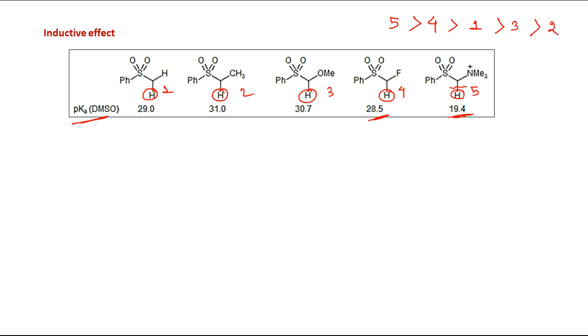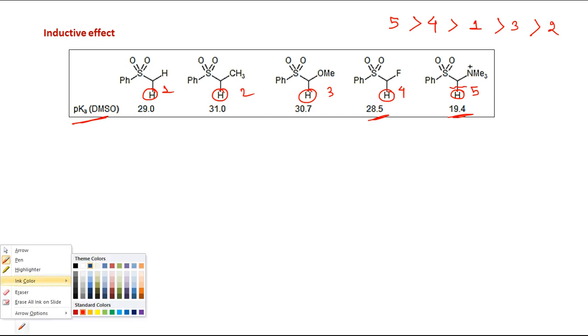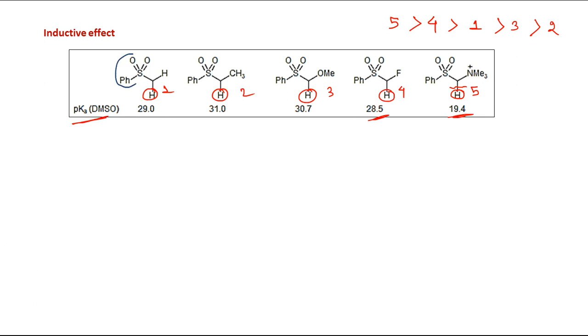And if you think from the inductive effect, this PhSO2 group is common for all, right? So what about the other group? Here we have N plus Me3, which is highly electron withdrawing.